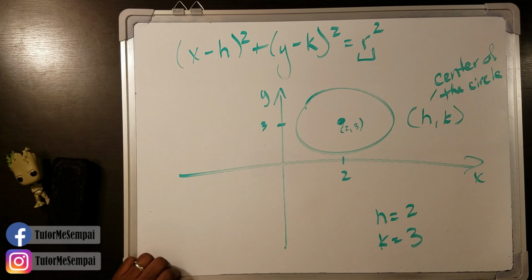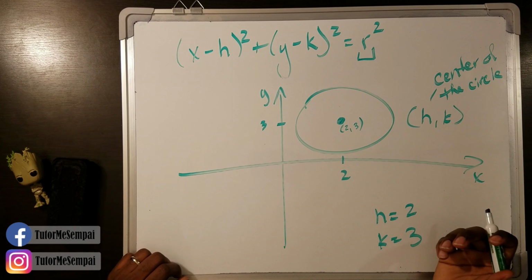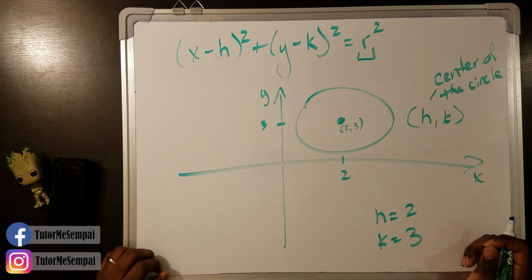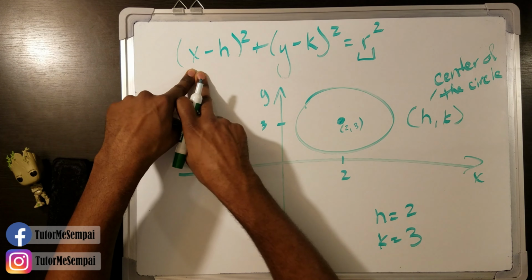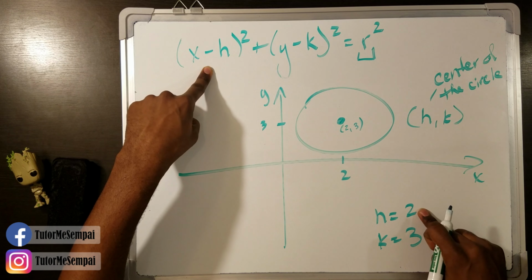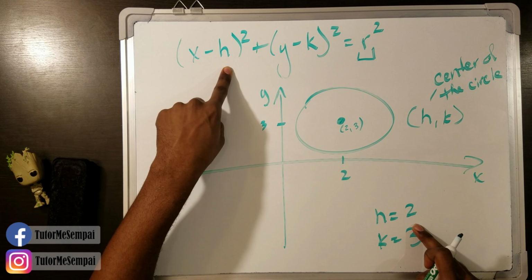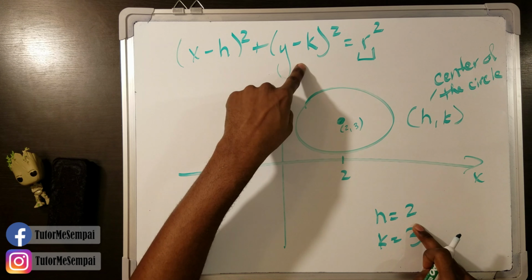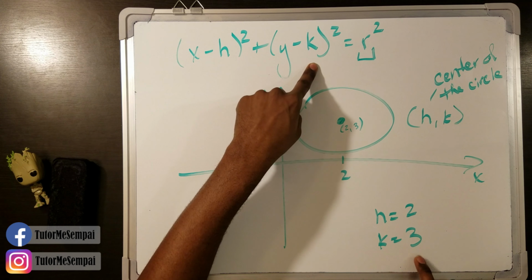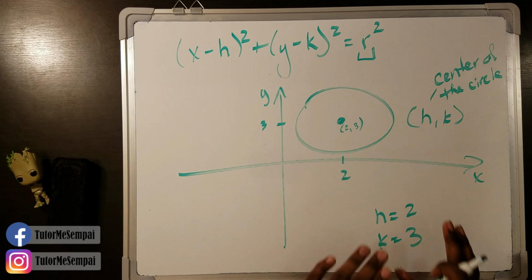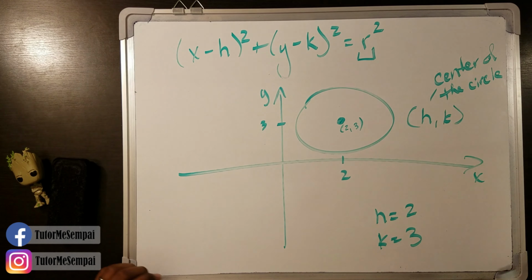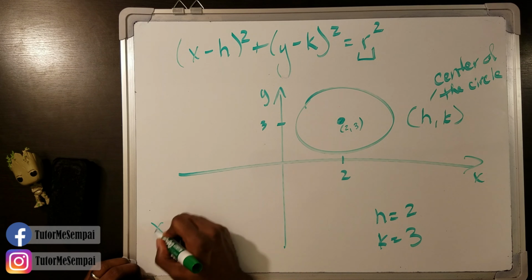And that's going to be very necessary when you're trying to find the equation of a circle. Because you see here, we do x minus whatever the x value is for our center, so in this case, 2. And then we do y minus whatever the y value of our center is, in this case 3.